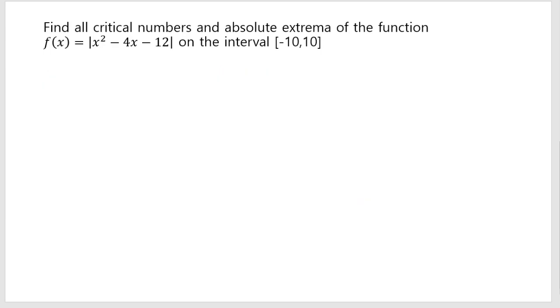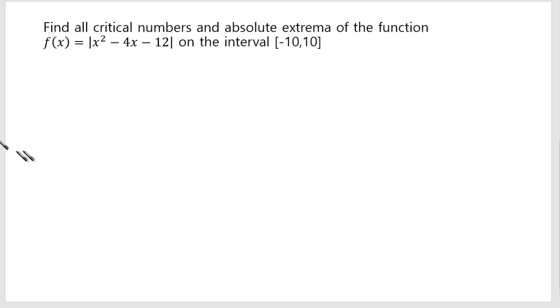Now the next part, what are the absolute extrema? In other words, what's the absolute maximum, what's the absolute minimum of this graph on this interval -10 to 10? Now we just saw that this graph is a continuous function. And if you have a continuous function on a closed interval, all you have to do is evaluate the function at the endpoints.